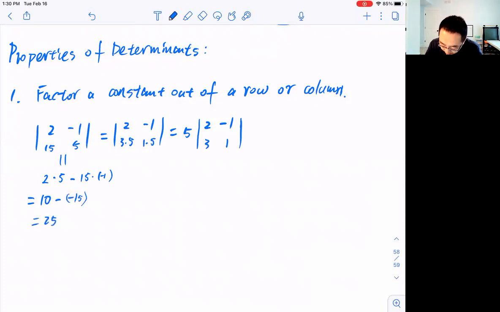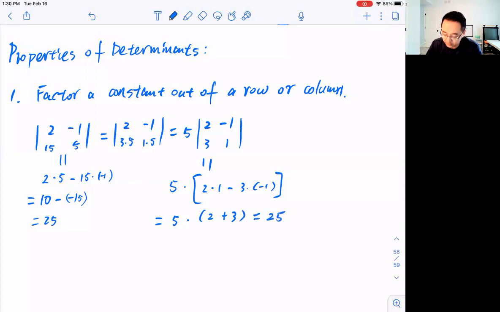Now here this equals 5 times 2 times 1 minus 3 times -1, and that equals 5 times 2 minus -3, which is 2 plus positive 3, right? And that gives you 25, right? So they equal exactly the same.